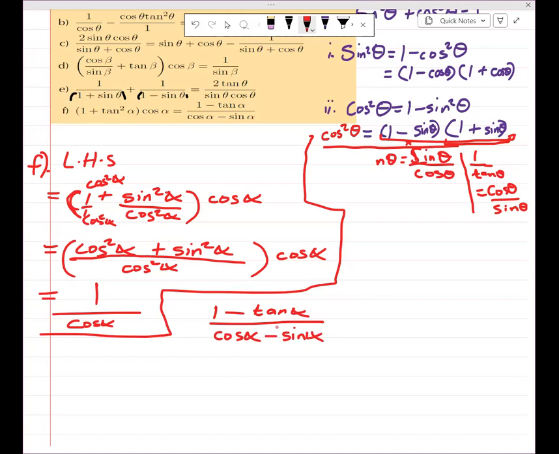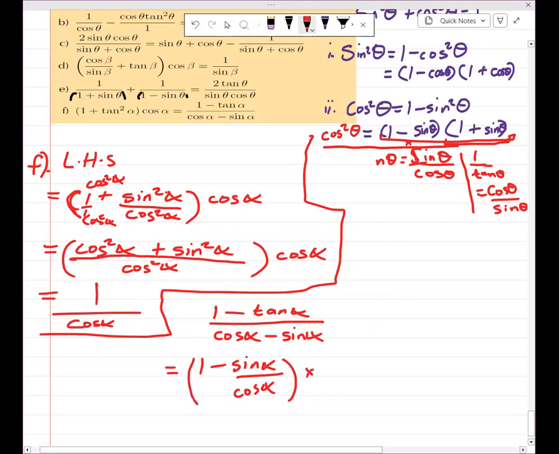So in this case, firstly, I know that I have 1 minus tan alpha, which becomes sine of alpha divided by cos of alpha, and I'll put a bracket.